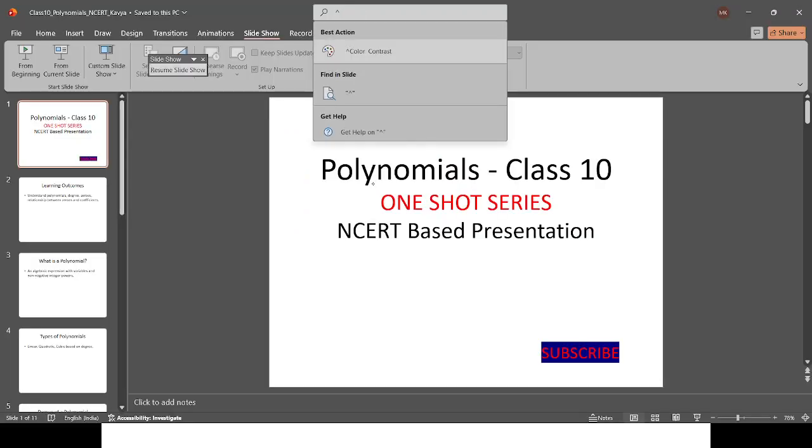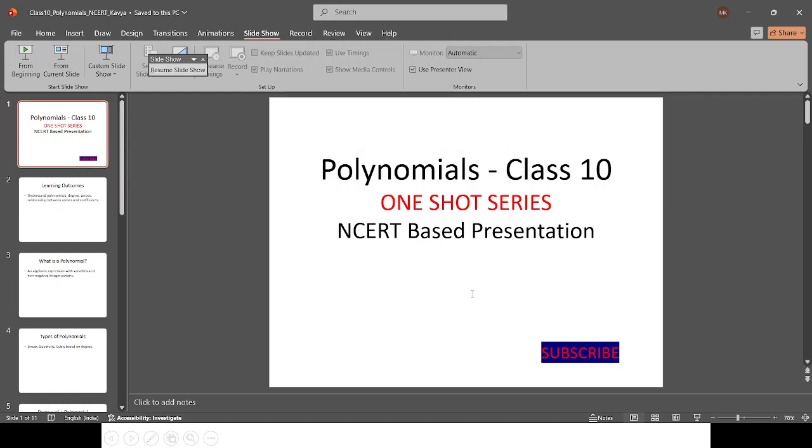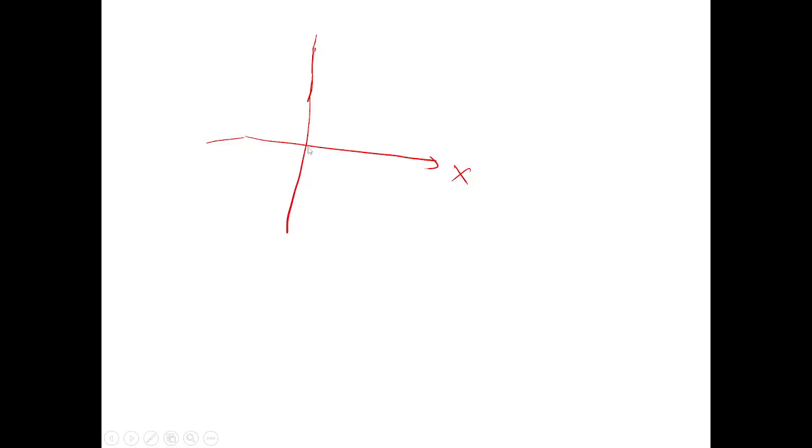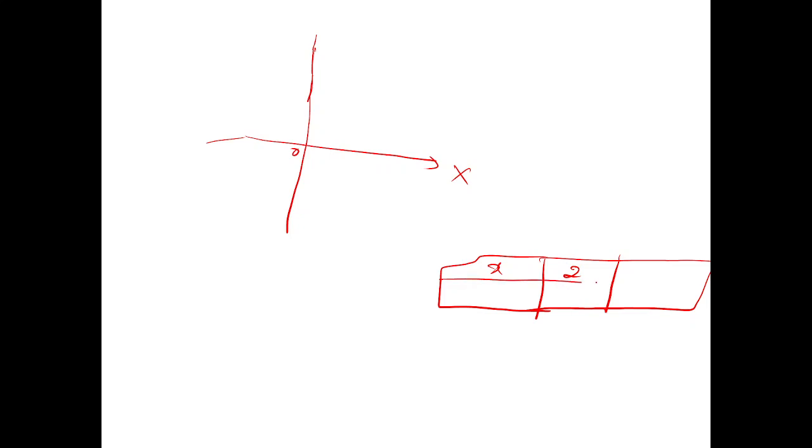This is a graph, x versus y. Here we have the table, this is x and this is y equal to 2x plus 3.